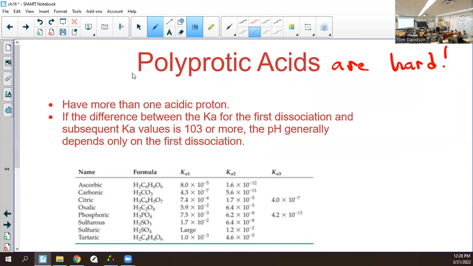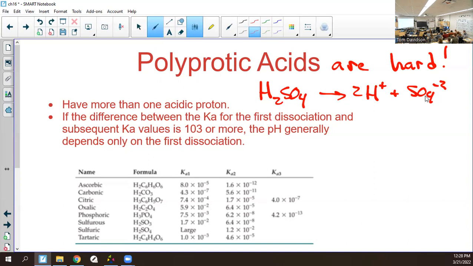So polyprotic acids have more than one acidic proton, like H2SO4. They give off H plus twice. So they would have twice the effect on the concentration of H plus, right? Would mean they have twice the effect on the pH.